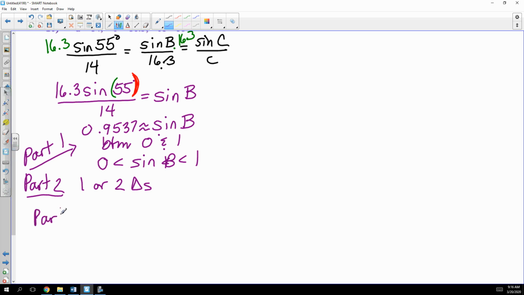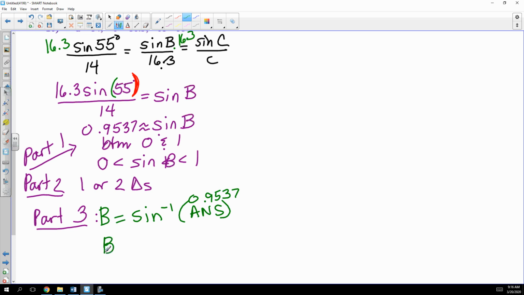So for part 3, I'm going to take the answer that's in the calculator and do inverse sine of the answer, the 0.9537. I'm not going to type it in like that. I'm going to use the answer that's there so that I can figure out what B is. So B is approximately 72.5 degrees.